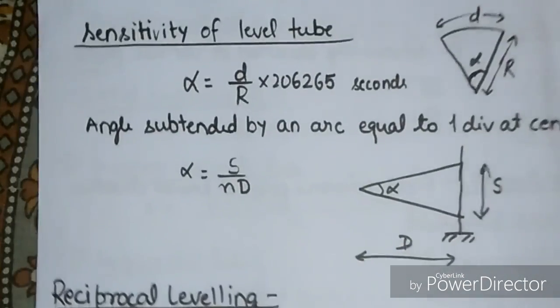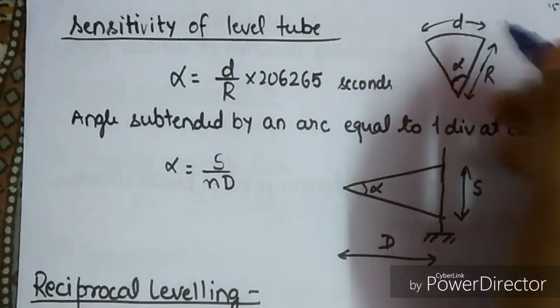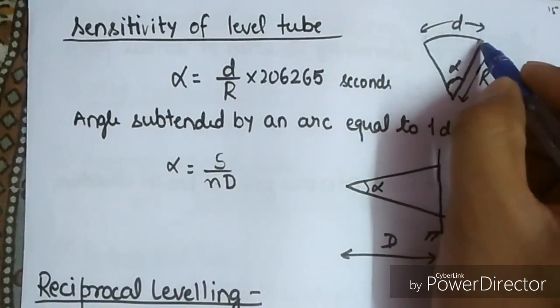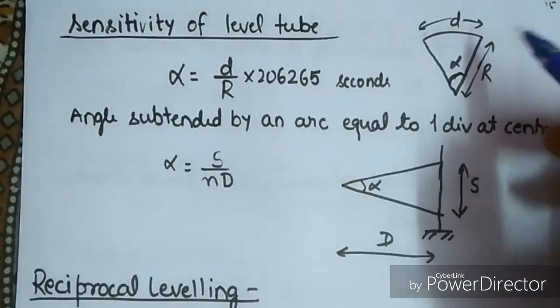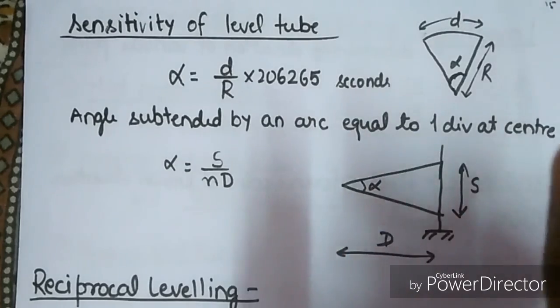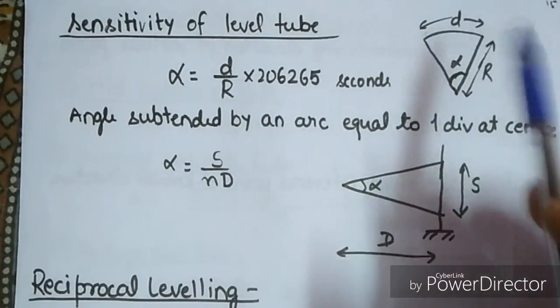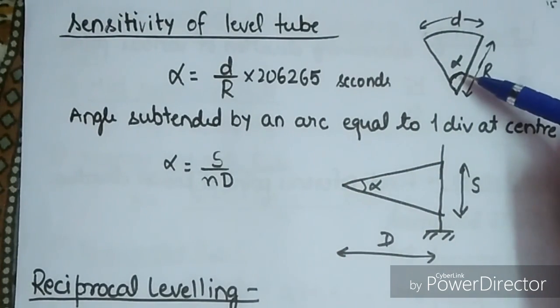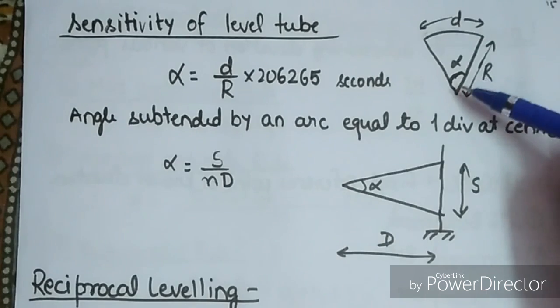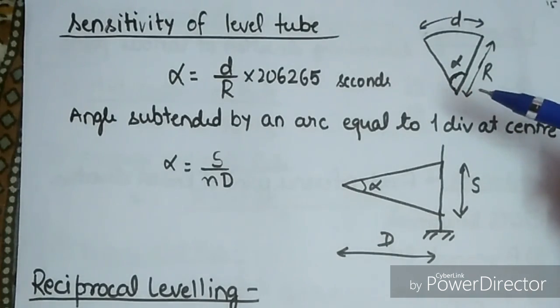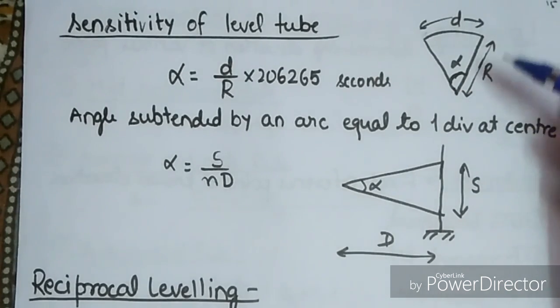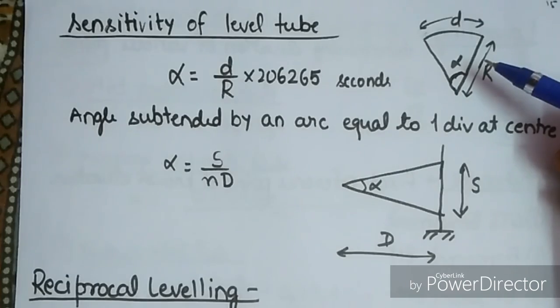Now sensitivity of the level tube. If we have a level tube here like this, and d is the least count, or we can say the smallest division on the level tube, then we have this alpha as the sensitivity of level tube. Alpha is the angle subtended at the center. R is the radius of this level tube.